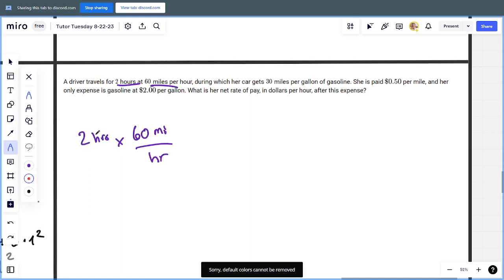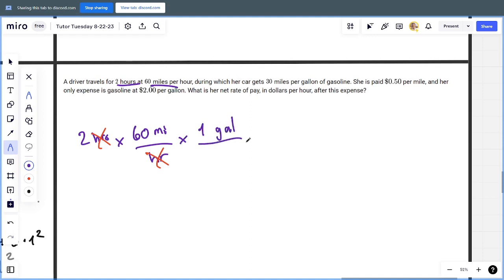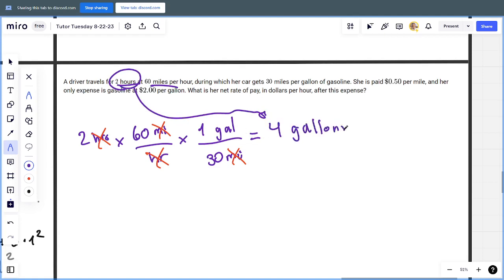And we get 30 miles per gallon of gasoline, which I can flip and say that on 1 gallon, she can drive for 30 miles. And then we can even cancel out the miles. So in 2 hours, we spend, what do we got? 4 gallons of gasoline. 4 gallons in 2 hours.